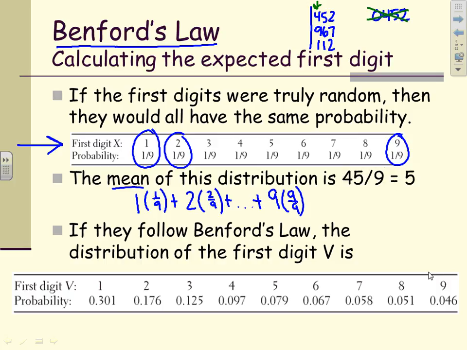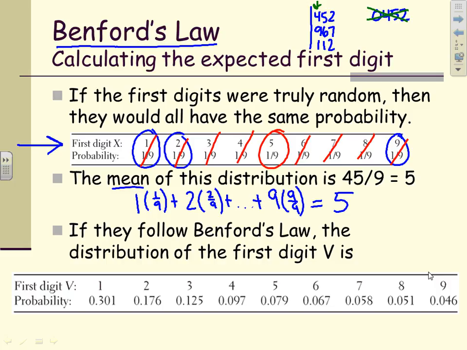The other way to look at this one is that this is a uniform distribution, so really you're just looking for the middle. The 1 cancels with the 9, 2 with the 8, and keep going until you end up at the middle there. So that works here because it's a uniform distribution. But you could go out and do the probability as we just explained and find it's 5 as well.